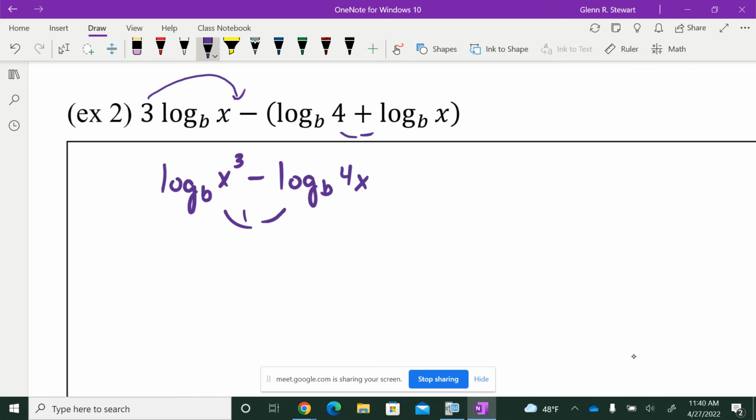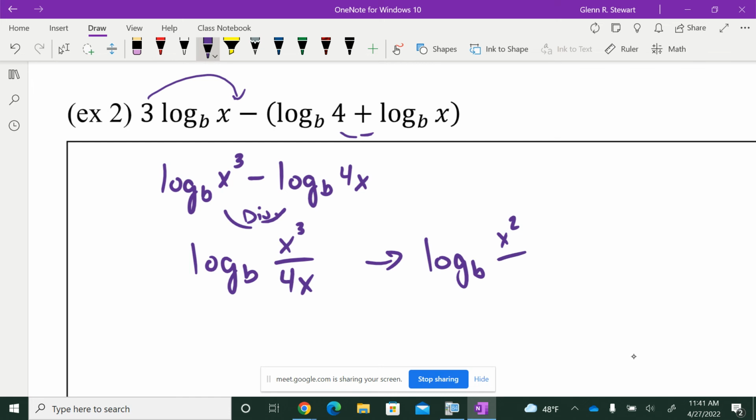And then from here, we have our division. So this will be 1 log base b of x cubed over 4x. I have 3 x's on top and 1 on bottom. So I can simplify this to become log base b of x squared over 4.